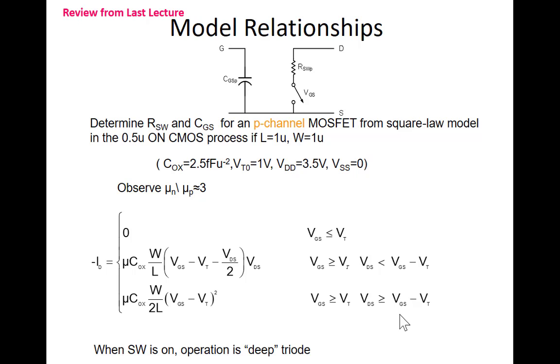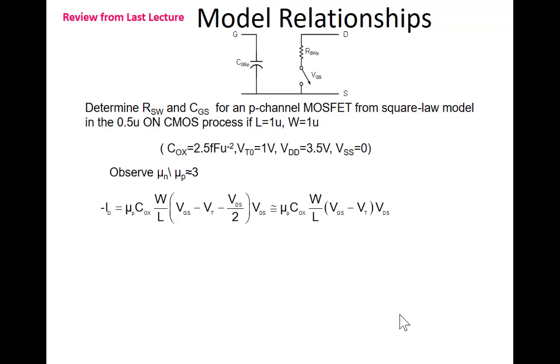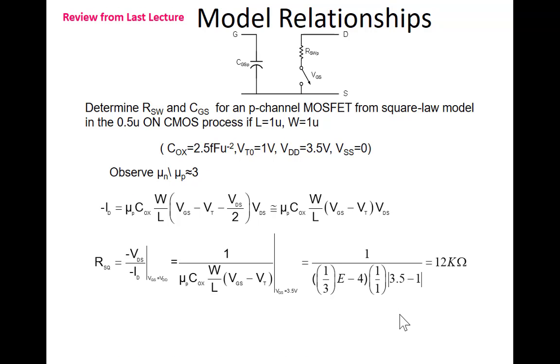For the P-channel device, we do the calculation again, and we see in this case the resistance is 12 kiloohms, 3 times what it was before because of that mobility ratio, and we see CGS is the same because we have the same dimensions of the P-channel device, and the Cox is the same.